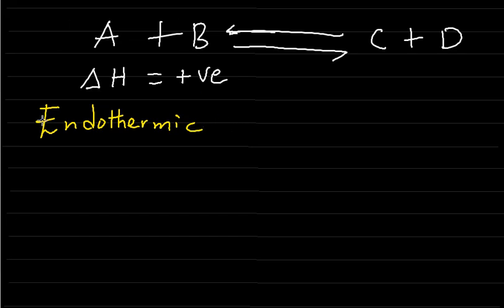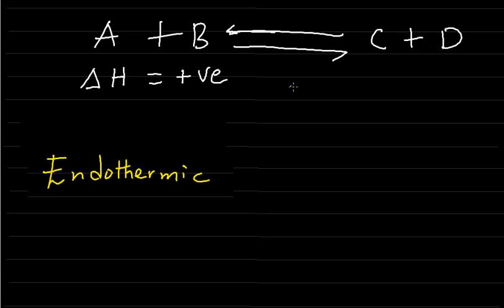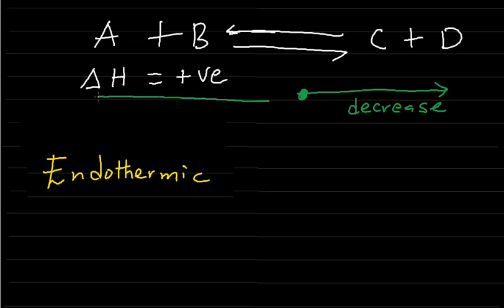Now the implication of an endothermic reaction is that the forward reaction always leads to a decrease in temperature, while the backward reaction leads to an increase in temperature.